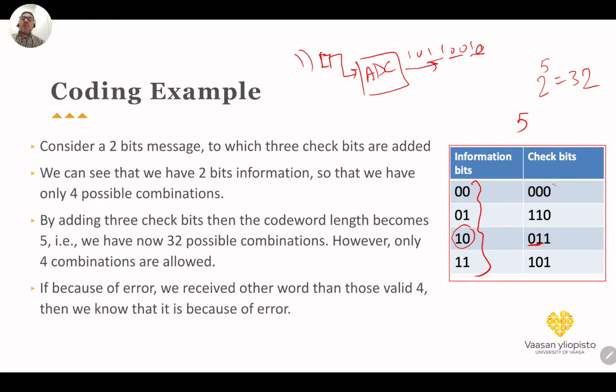But we have several simple techniques to find those bits. And remember that the criterion of adding those bits is to make the valid words as far away from each other as possible, as in the previous example that we saw.